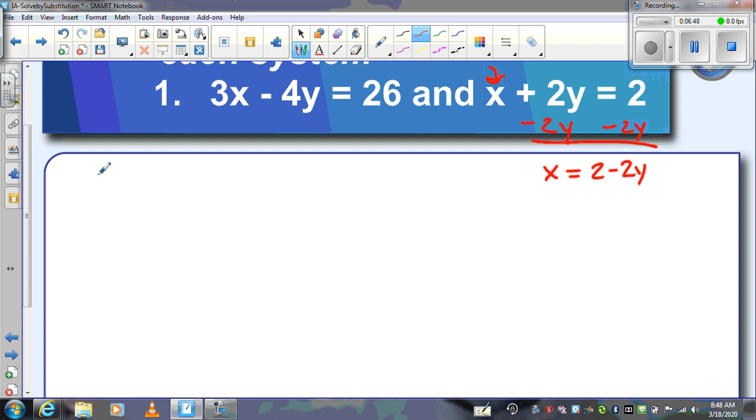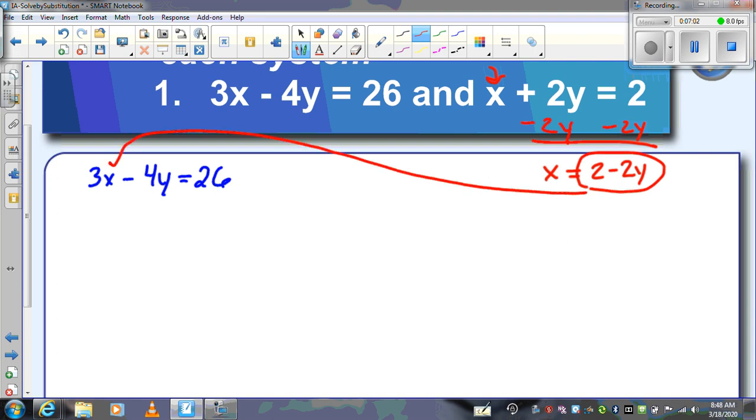So what we're going to do with that is take it and put it in this other equation. So we have 3x minus 4y is 26. And I'm going to take this expression right here, because it's equal to x, and I'm going to put it right in for this x. Okay, and then all you do from here is solve.